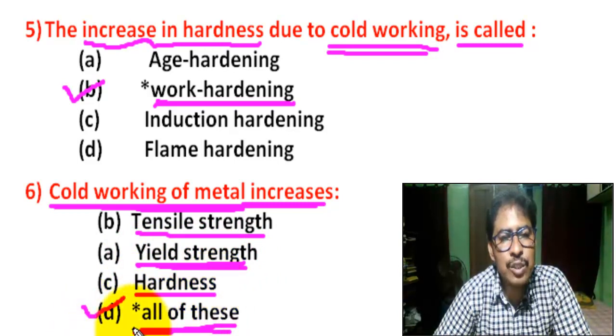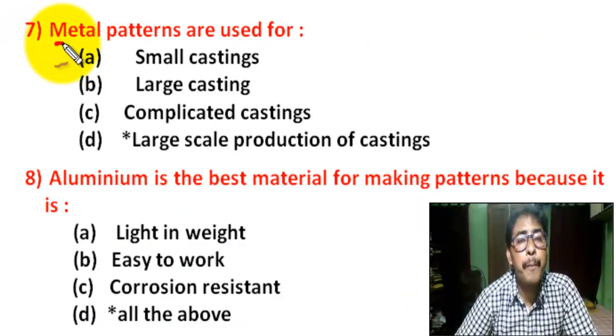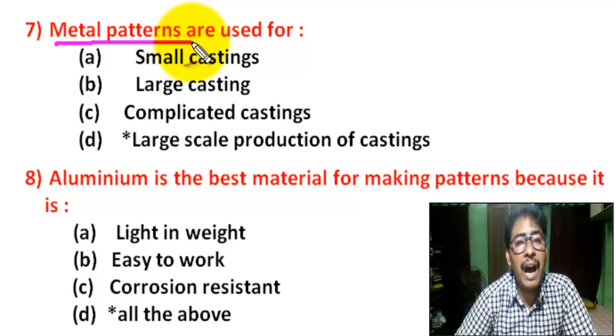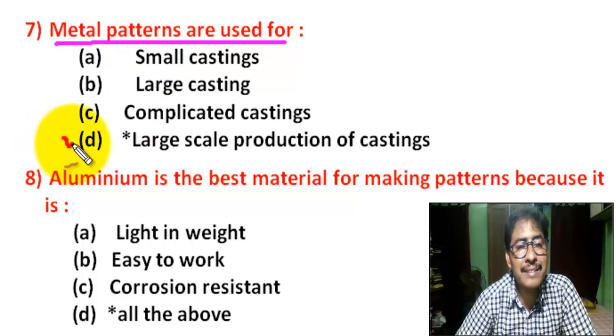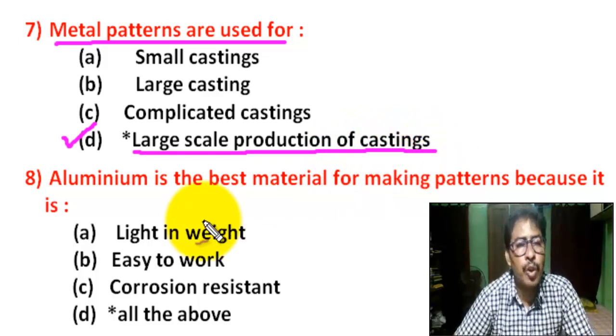So correct answer is all of this. Question number 7. Metal patterns are used for, there are 4 options. Correct answer is D. Metal patterns are used for large scale production of castings.